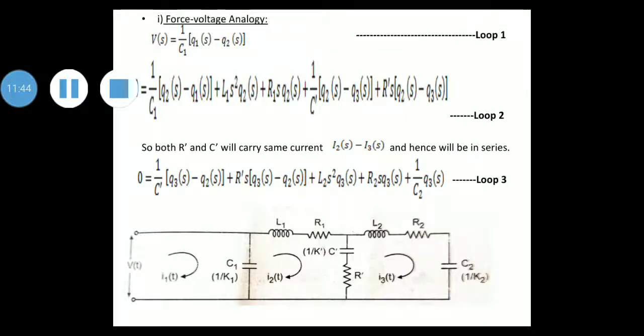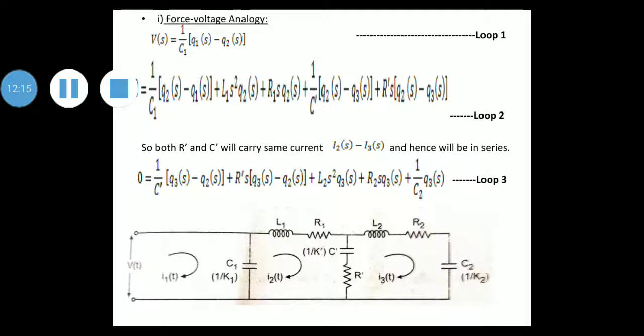In the third loop, C dash is already shown common to loop 2 and 3, and R dash is common to loop 3. Next we have two more elements, L2 and R2. L2, R2 and C2 all carry the same current I3 of s, so they are in series in the third loop.